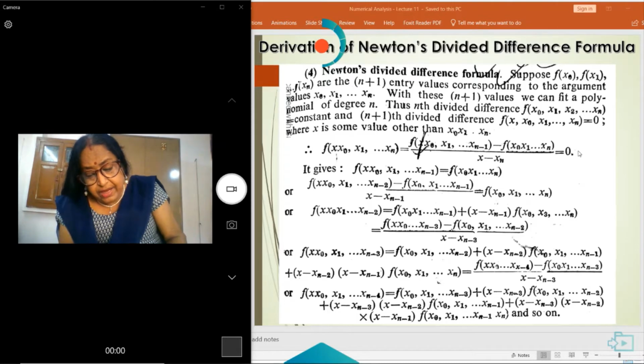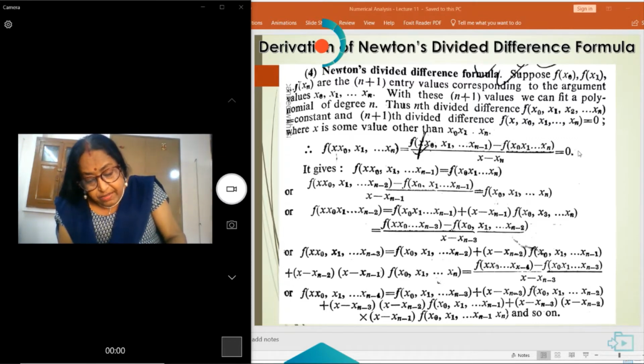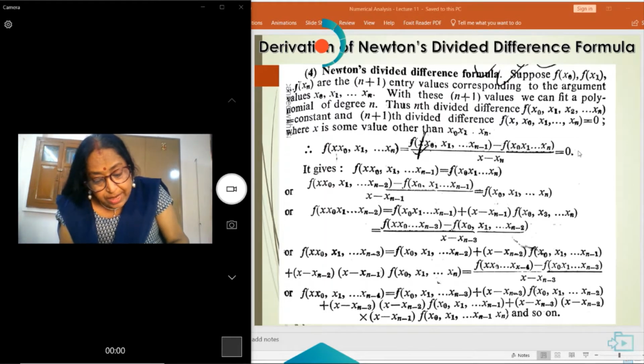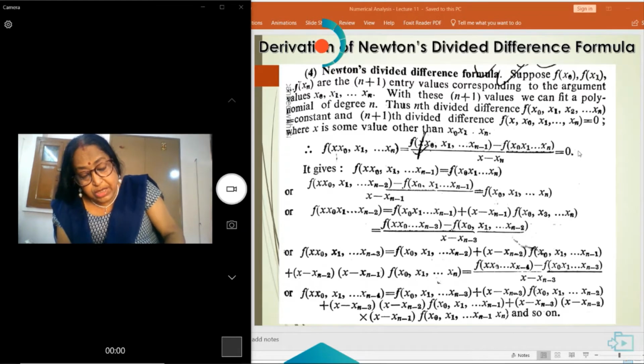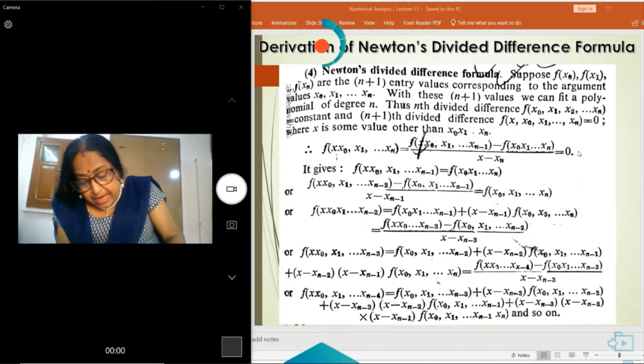Thus, the nth divided difference is constant and the (n plus 1)th divided difference, that is f(x, x0, x1 up to xn), is equal to 0. Here from x0 to xn there are n plus 1 values, and x is the value which we are to find, some value other than x0, x1 and xn.